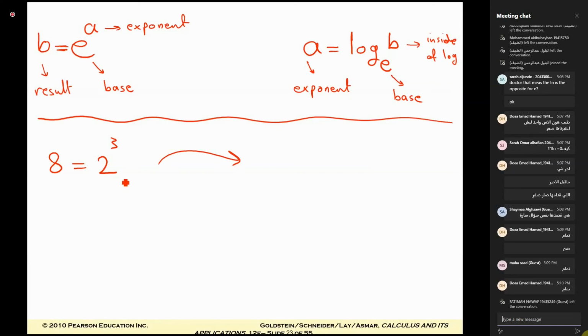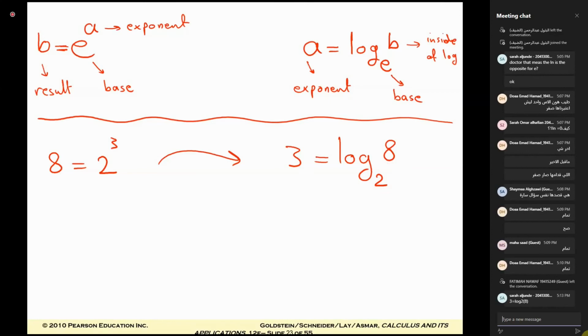If we need to convert this one to a logarithm expression, the exponent 3 equal logarithm with base 2, and inside the logarithm we have 8. So logarithm 8 to base 2 equal 3.